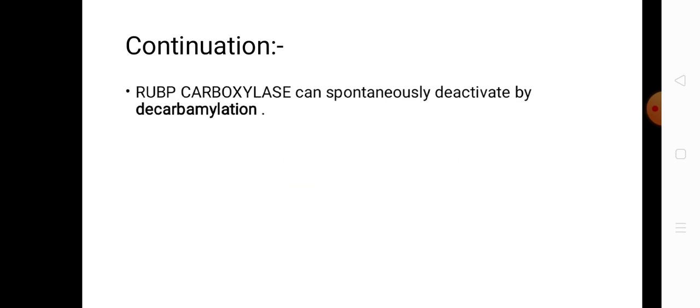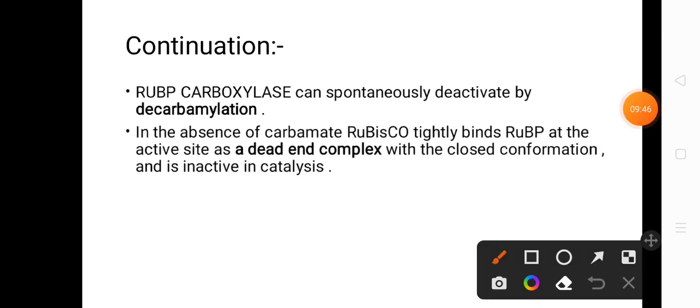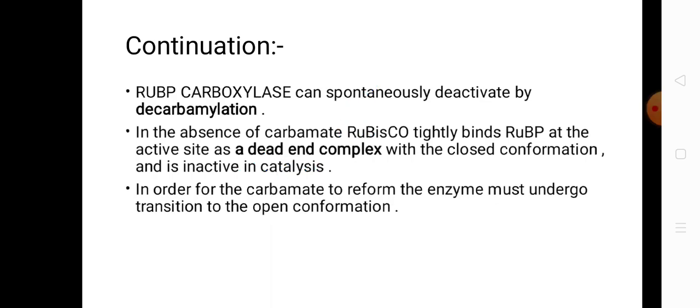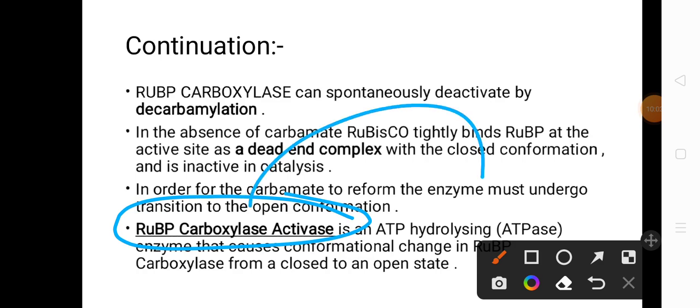Now what to do? For reforming the carbamate, it is essential that the enzyme goes back into its open state conformation. For coming back to the open state, RuBP carboxylase activase, which is an ATP hydrolysing enzyme, plays a very important role.